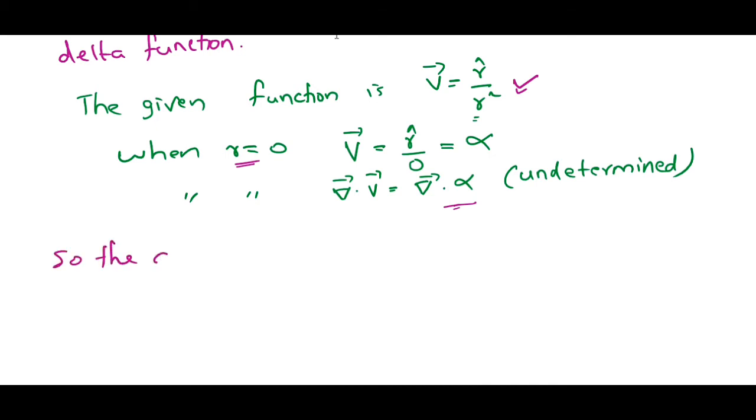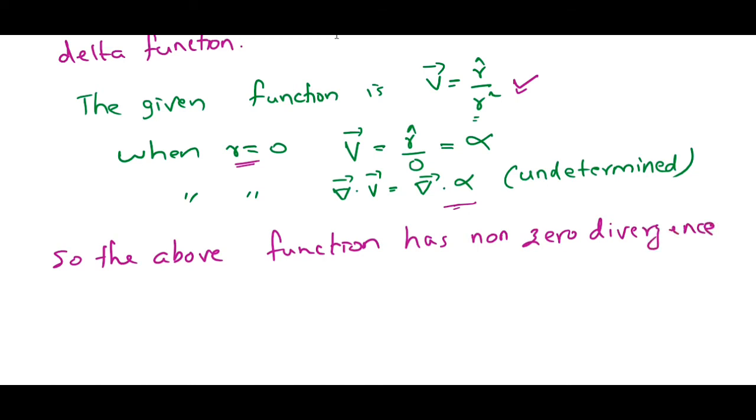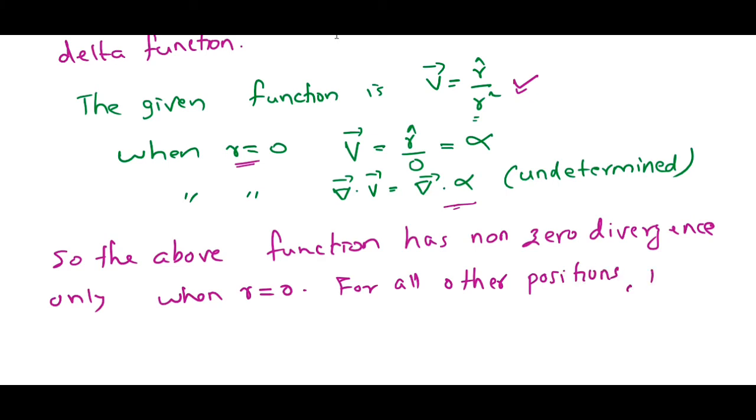So the above function has non-zero divergence only when r is equal to 0. For all other positions, the divergence is 0.